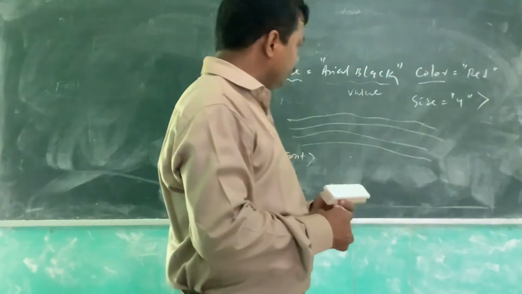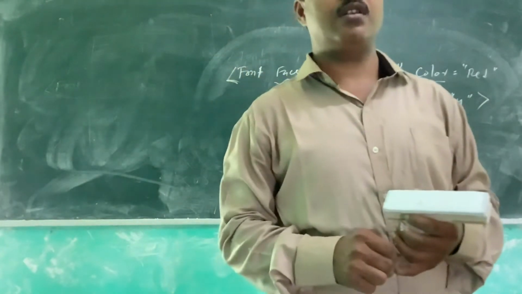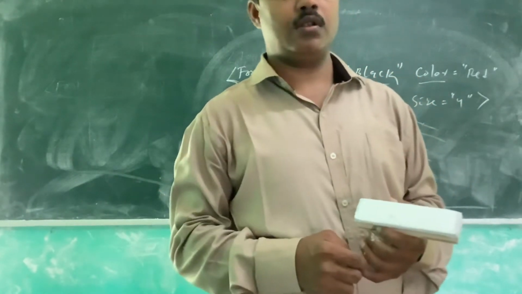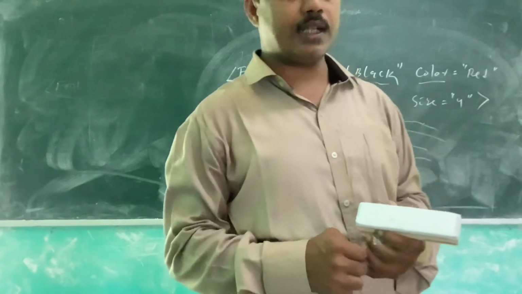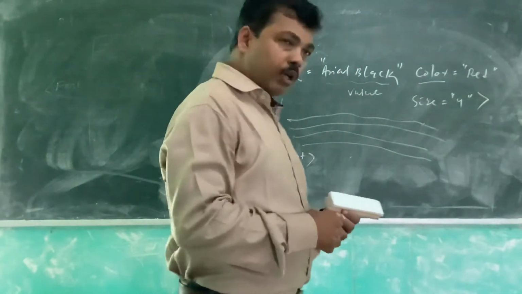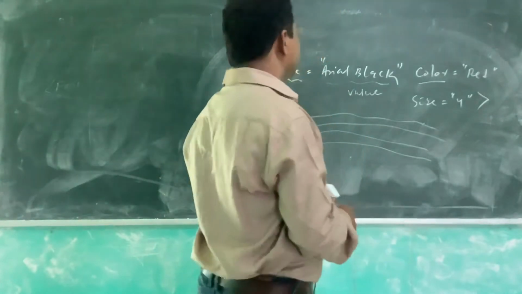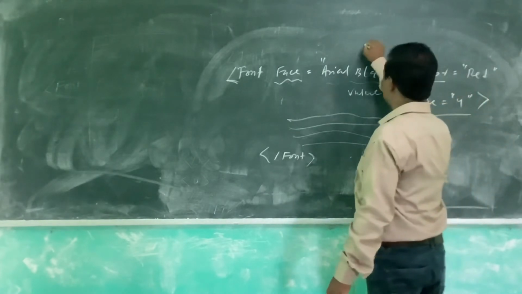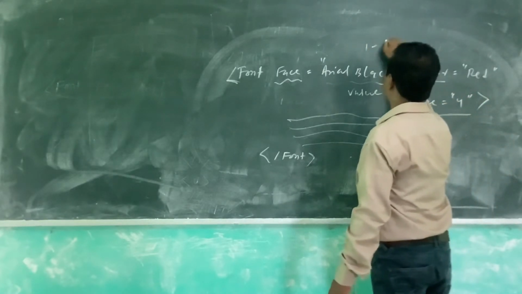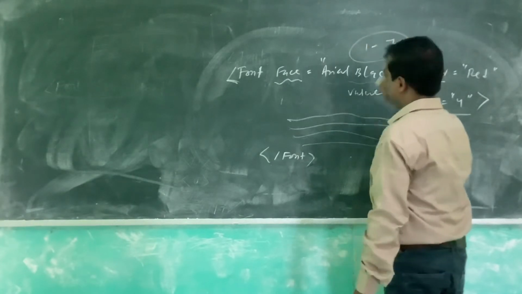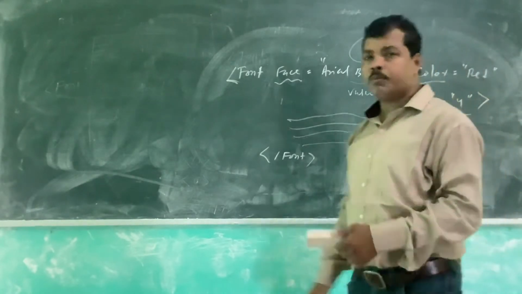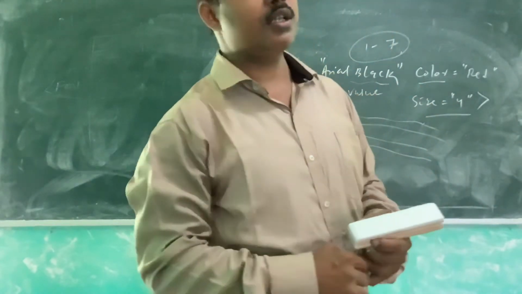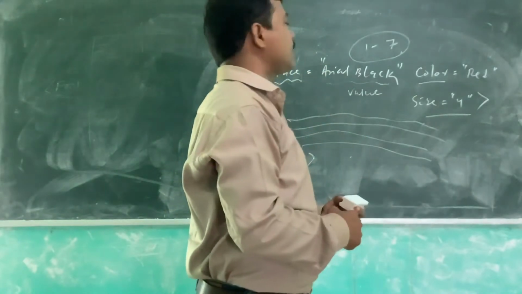Remember, in MS Word you can change the font size to 10, 20, 25, 72, 500, 600 like that. But in HTML version 4, it is allowed to put the font size between 1 to 7. That means the minimum font size is 1 and the maximum font size is 7, and no font size like 8.